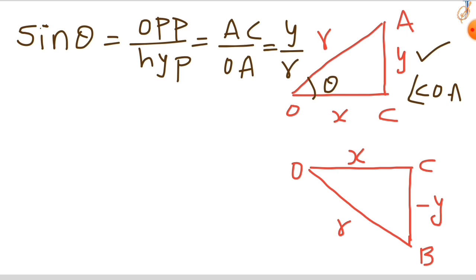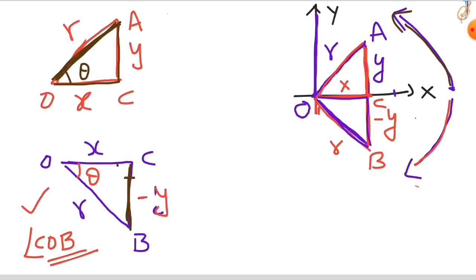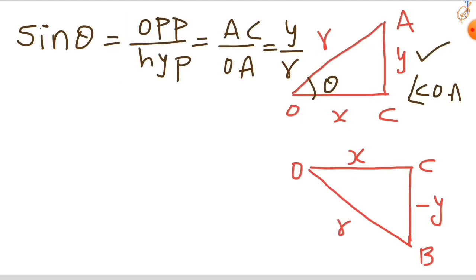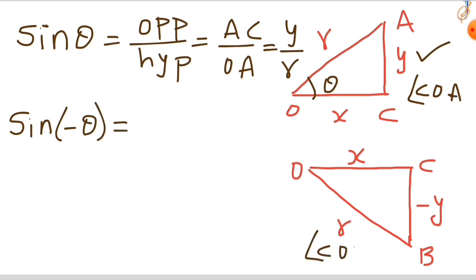When you take the negative direction, that is, if you take this angle COB, that is in negative direction. That is sine of minus theta, so here you need to take triangle COB, because we are taking in negative direction. Here opposite side by hypotenuse. So this is the angle theta. So what is the opposite side? BC. BC over hypotenuse OB.